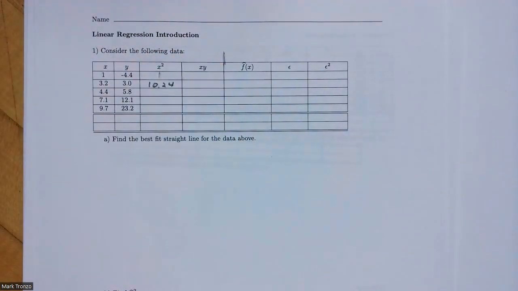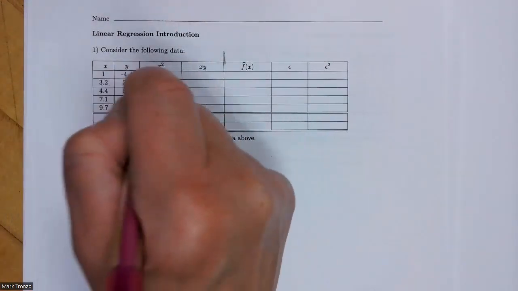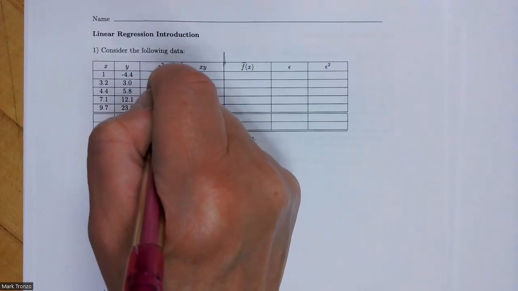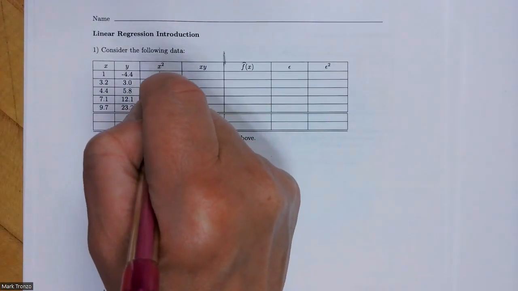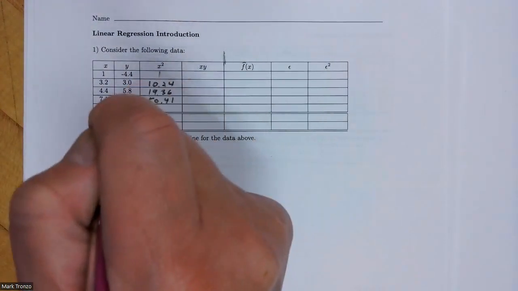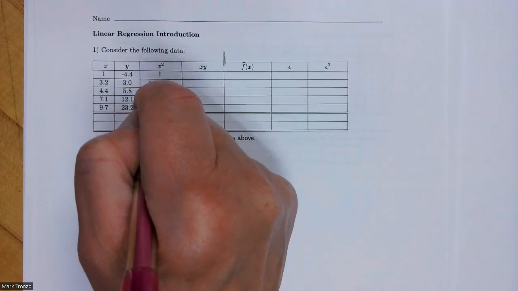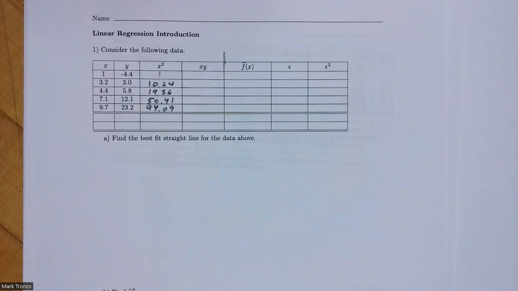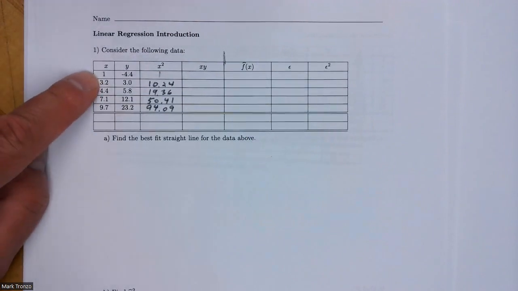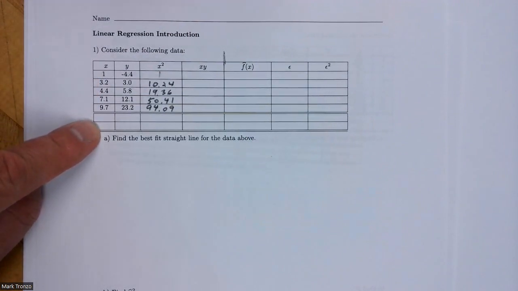And then 19.36, 50.41, 94.09. So again, all I did was take the values in the X column and square them and got these.